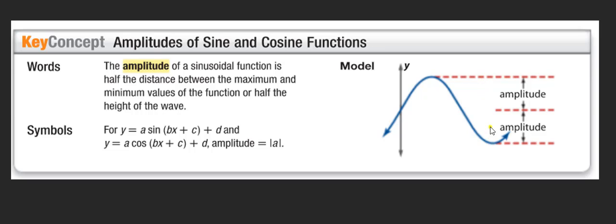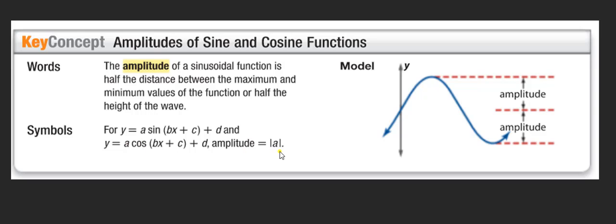And amplitude is just half of the height. So if you want to find the amplitude, just start from the middle, go all the way up, or go all the way down. It's half the distance between the maximum and minimum. That's the amplitude. And the amplitude is the absolute value of A.